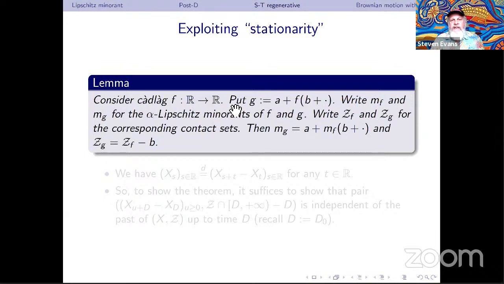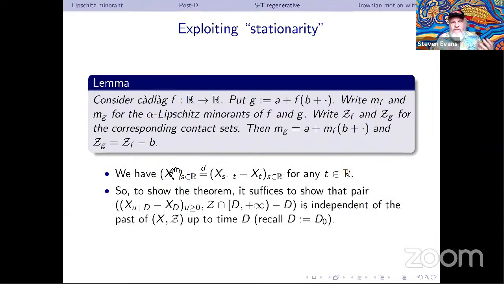First of all, if we've got a càdlàg function f and we just shift it in time and space to get a function g, and consider the minorant of f and the minorant of g, and the contact set of f and the contact set of g, then the minorant of g is just the space-time shift of the minorant of f, and the contact set of g is just the time shift of the contact set of f. I mean, this is pretty obvious, I think.